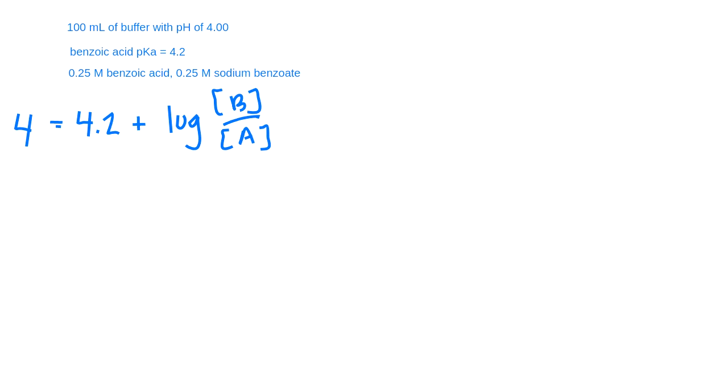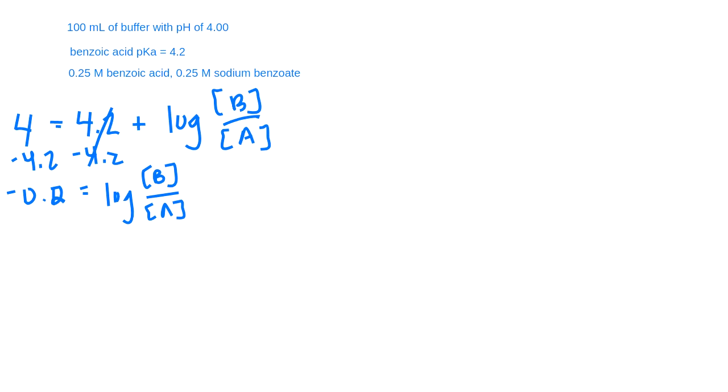So we're going to start off by subtracting 4.2 from each side. So that will give us a negative 0.2 equals the log of our base over acid. And how do we get rid of log?